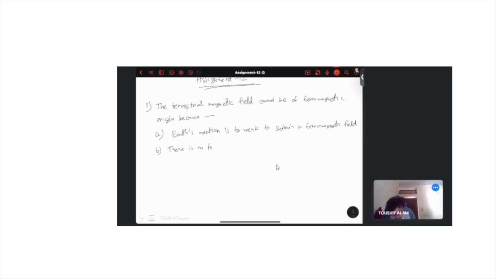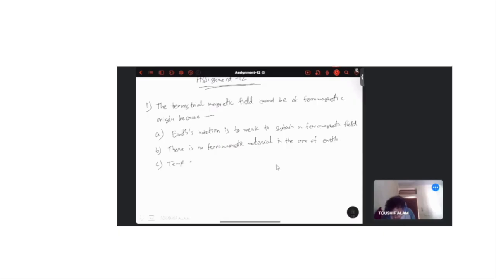There is no ferromagnetic material in the core of Earth.